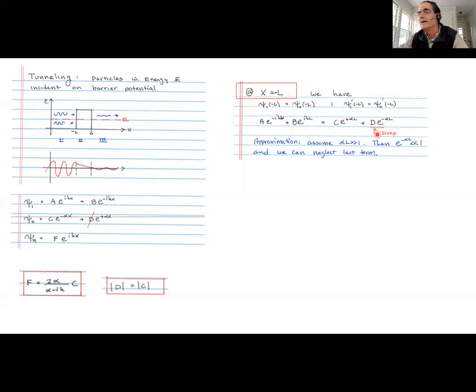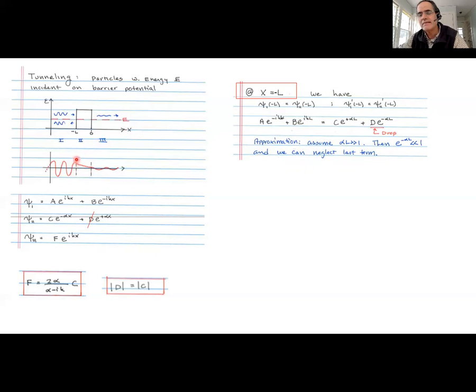Now, we're going to make an approximation. So far, we haven't made any approximations, but now we're going to make one. Let's assume that alpha L is much greater than 1. From a practical point of view, it means that the wave function decays a lot from the left-hand side to the right-hand side. Now, that's not always the case. I suppose if the barrier were very, very thin, we wouldn't be able to do that.